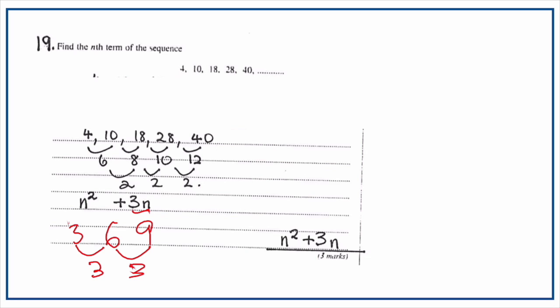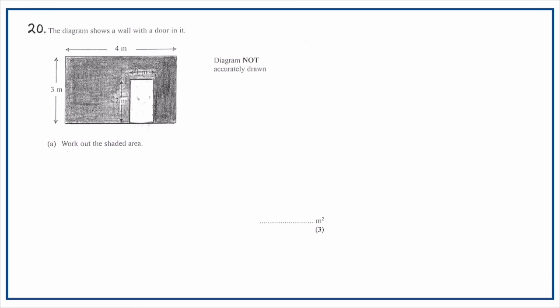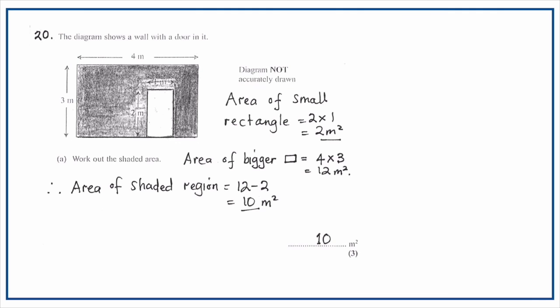Question 20. The diagram shows a wall with a door in it. Work out the shaded area. So working out the shaded area, well, we need to subtract the area of the small rectangle from the big rectangle. The area of the small rectangle is 2 times 1, which equals 2 meters squared.